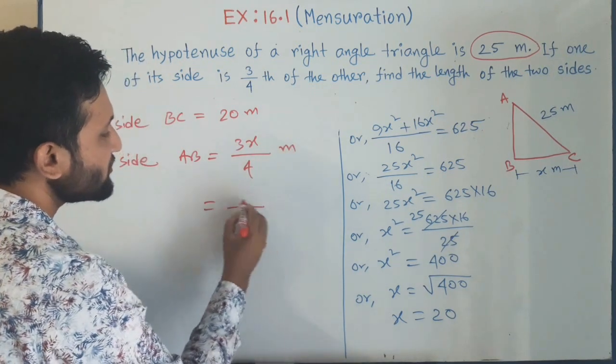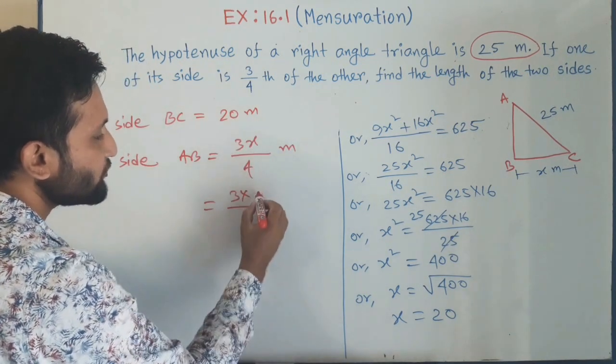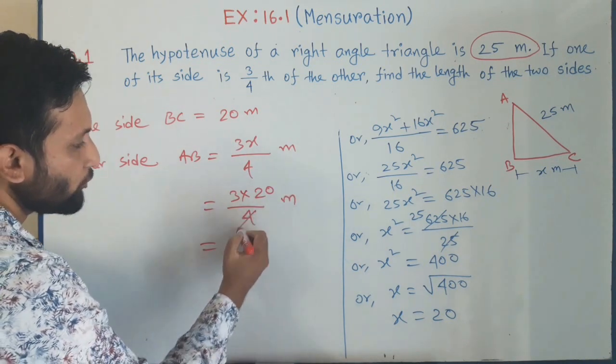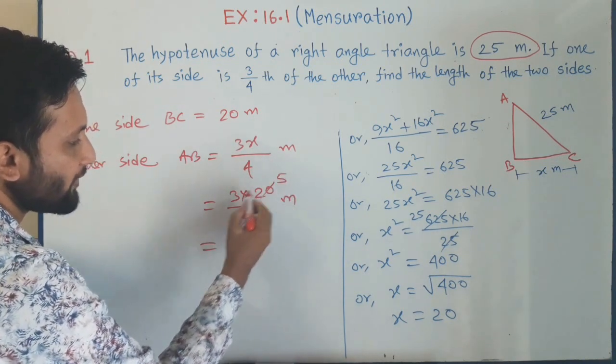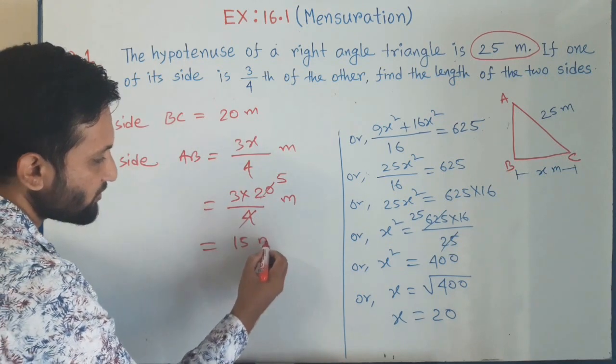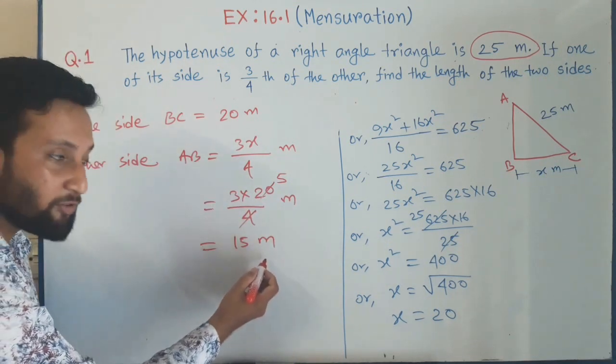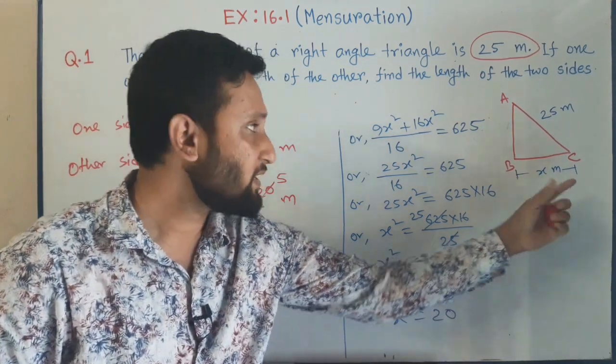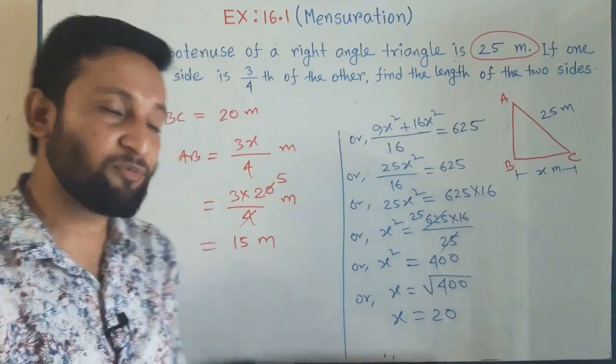That means 3 into x, the value of x is 20 meter, so 3 into 20 divided by 4 meter. Now 4 into 5, that means 5 into 3, so 15 meter. So the other side AB equals 15 meter. So our required answer: one side BC is 20 meter and the other side AB equals 15 meter.